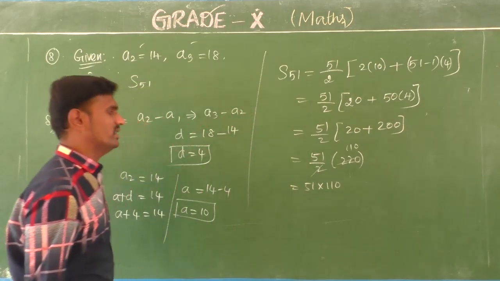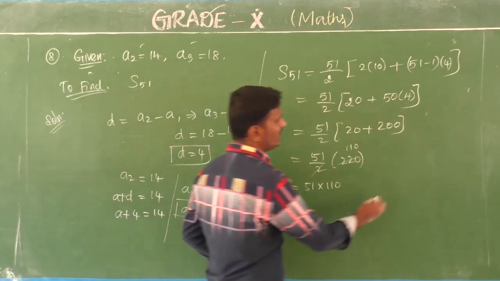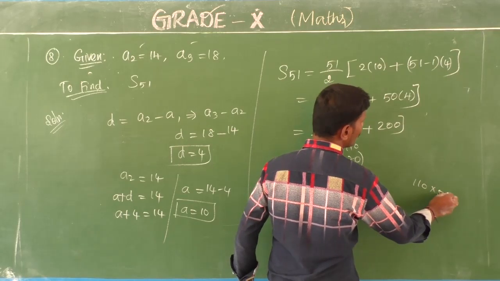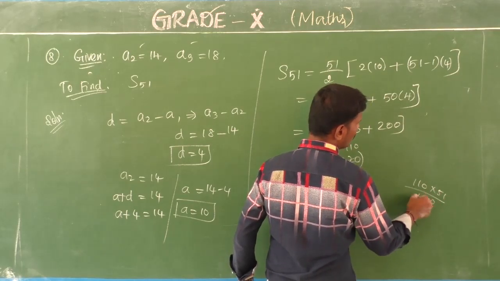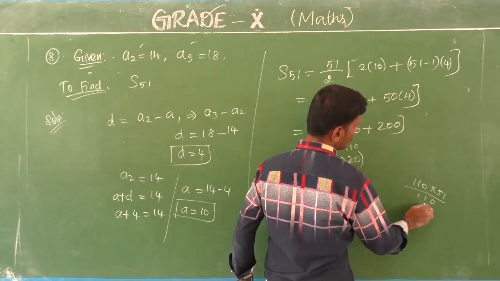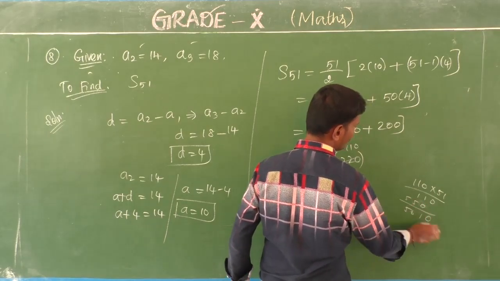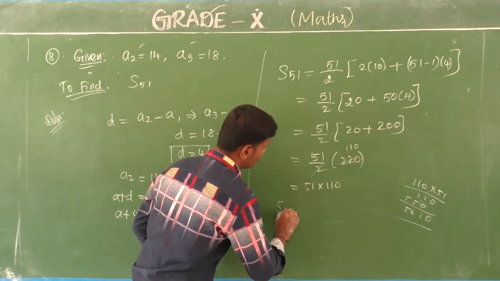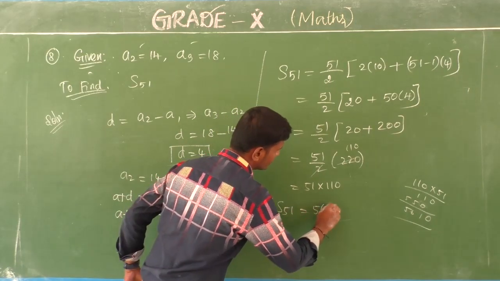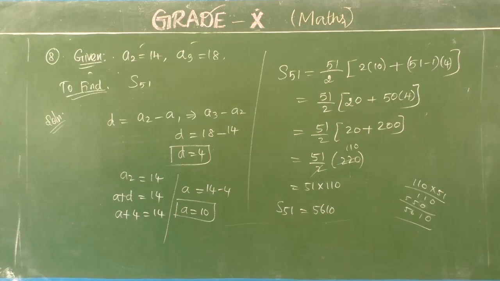Now the multiplication, 110 into 51: 0, 1, 1, 5, 0, 5, 5. The answer is 5610. So the value of S51 is equal to 5610. Have you got it, children, for this question?